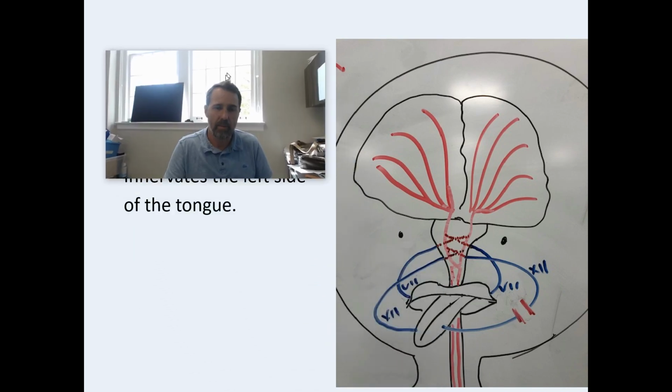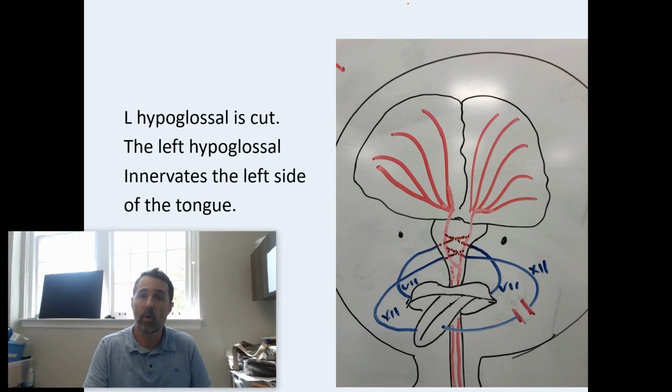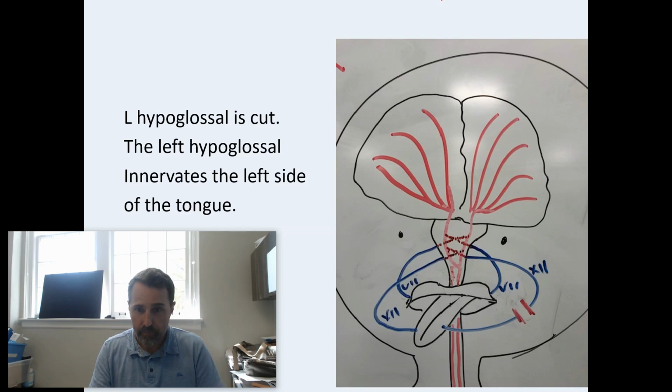So now we've talked about what happens when you have an upper and lower motor neuron lesion, and the cranial nerves are peripheral nervous system. So the efferent components of the cranial nerves are lower motor neurons. So when you damage the cranial nerves, you're damaging lower motor neurons, you're creating flaccidity.